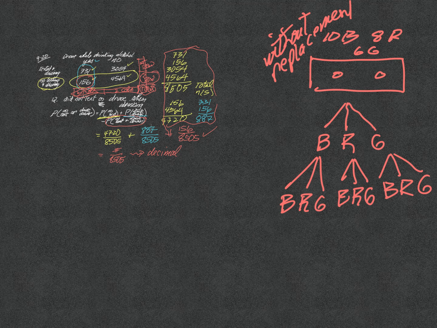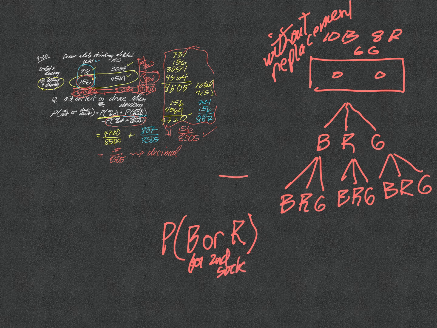What's the probability of a blue or a red sock on, say, the second sock? So in other words, on our second draw, what's the probability of getting a blue or a red?